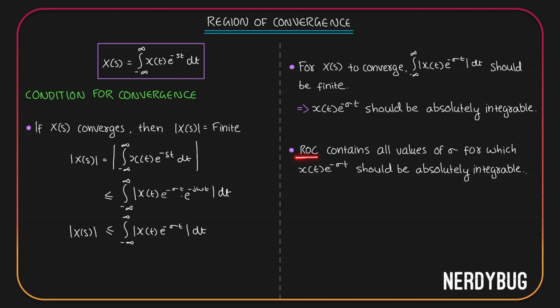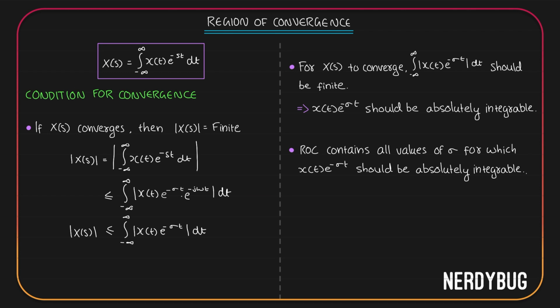Then we can say that ROC or region of convergence is all the values of sigma for which x(t) e raised to minus sigma t is absolutely integrable, or the values of sigma for which you get the integral from minus infinity to infinity of magnitude of x(t) e raised to minus sigma t dt to be a finite value.